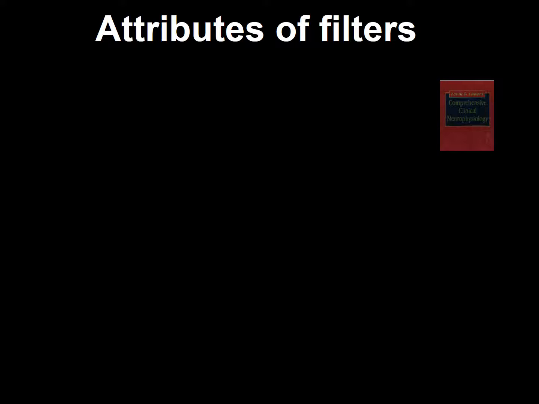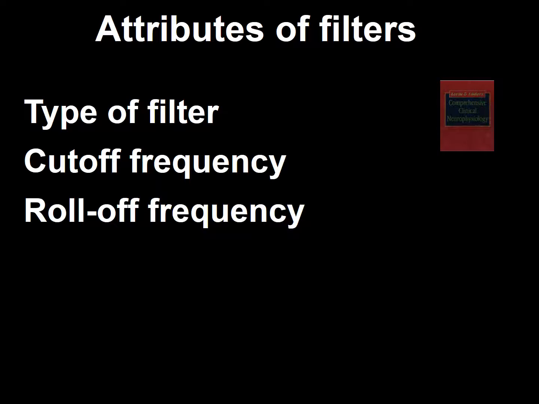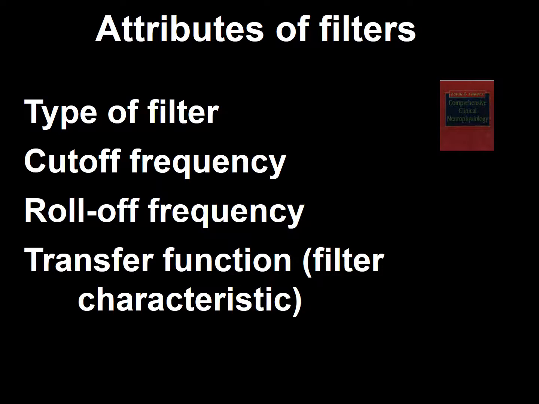We have so far talked about three attributes of filters: type of filters, cutoff frequencies of filters, roll-off frequency of filters, and now we're going to talk about the fourth attribute. The fourth attribute has been called transfer function or filter characteristic.